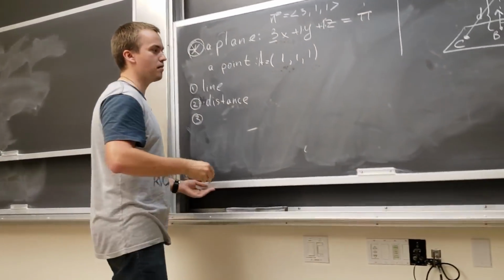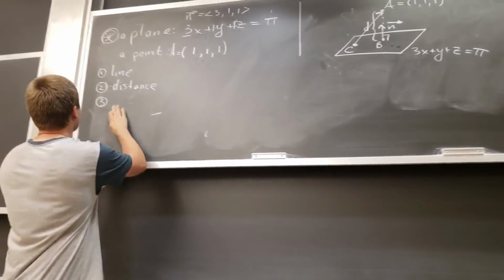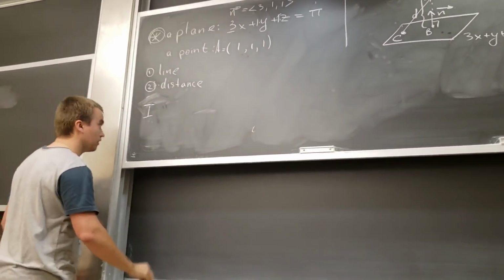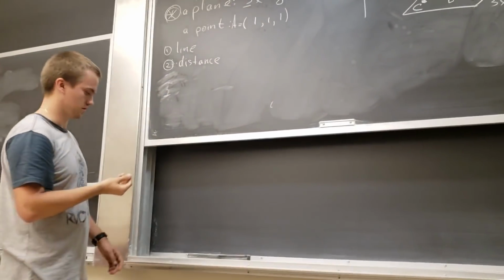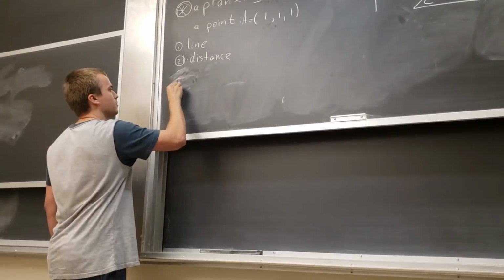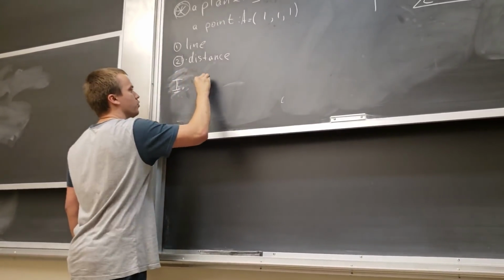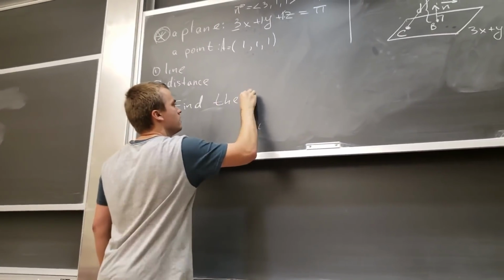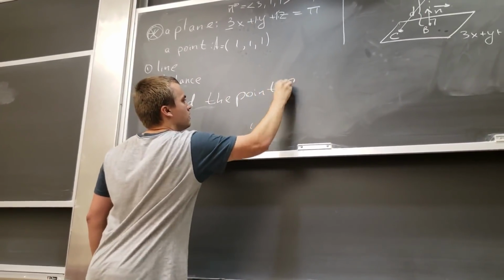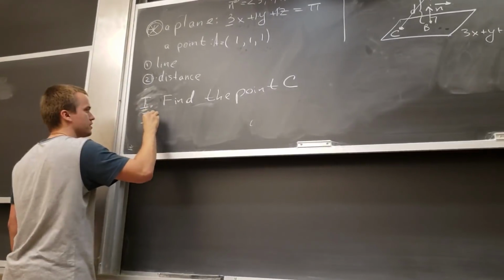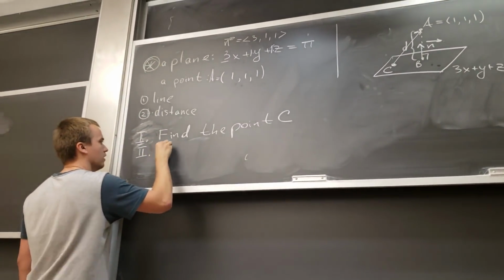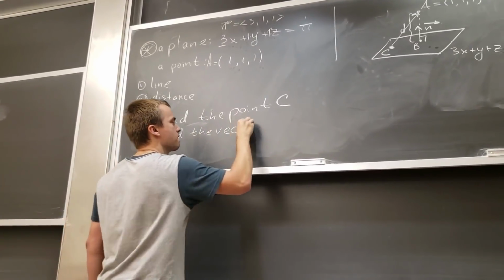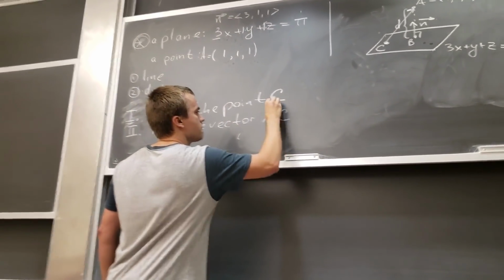So if you want to solve this problem, we need to do the following. Step number 1 is to find the point C. Step number 2, we need to find the vector AC.